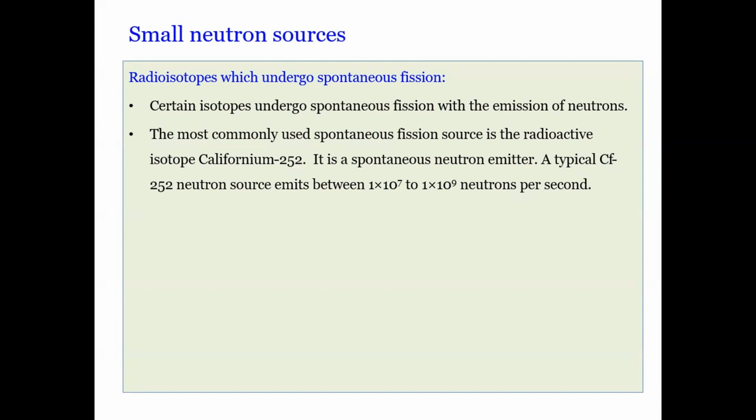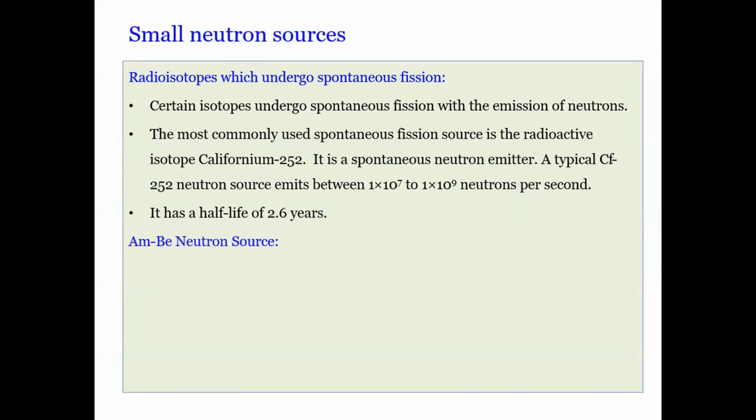It is a spontaneous neutron emitter. A typical californium-252 neutron source emits 10^7 to 10^9 neutrons per second. It is a very costly, very expensive, and rare source of neutrons. It has a half-life of 2.6 years.